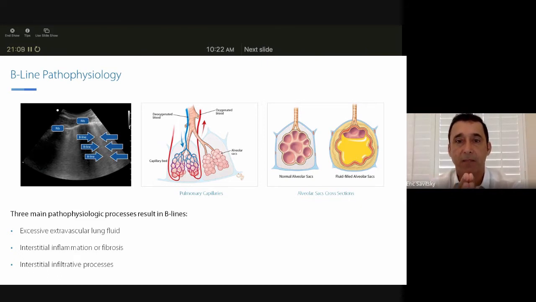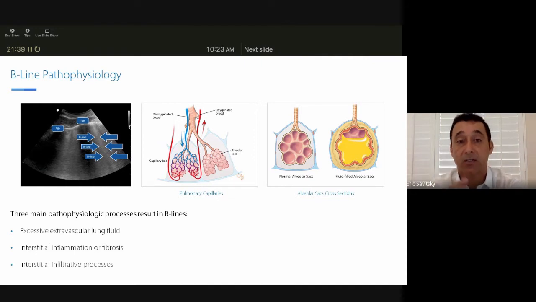And essentially what happens is the B-lines, whether it's fluid, inflammation, or interstitial infiltrative process, you lose aeration. And whether it's fluid accentuating signal transmission or the loss of aeration limiting the blockage of ultrasound signal, you wind up getting transmission of ultrasound signal through the lung parenchyma. And that's what actually creates the B-lines, which you're able to visualize.